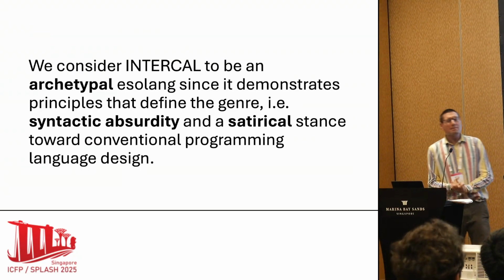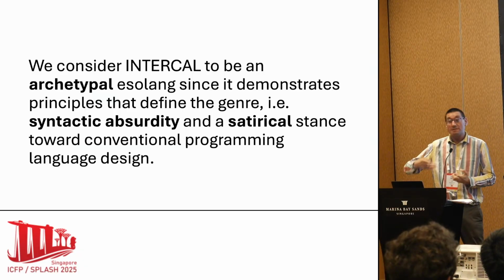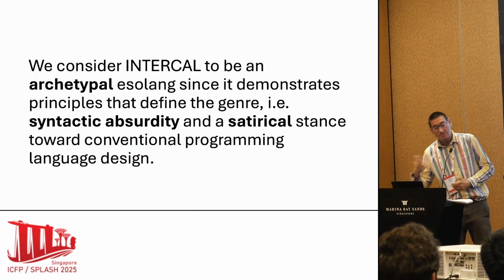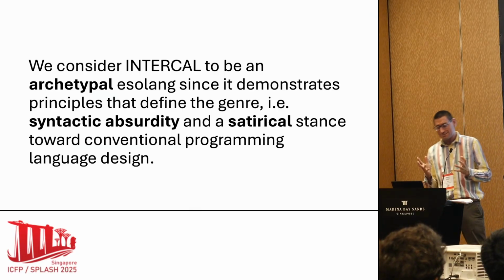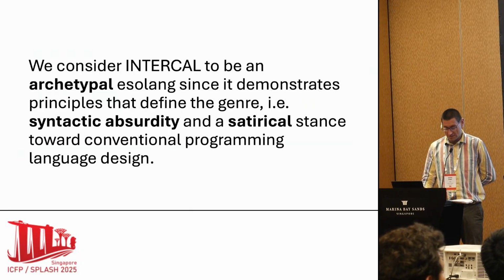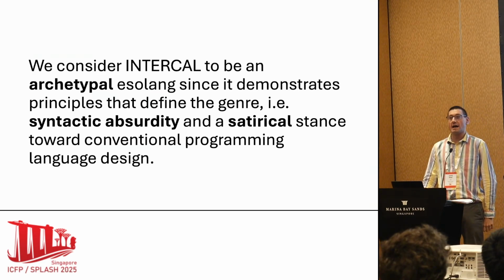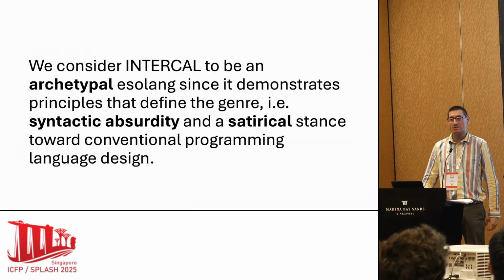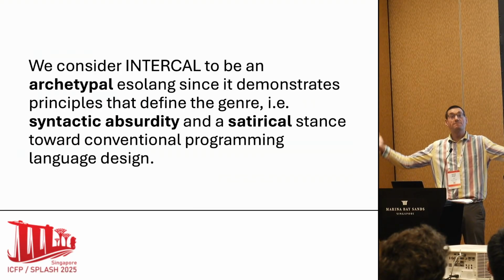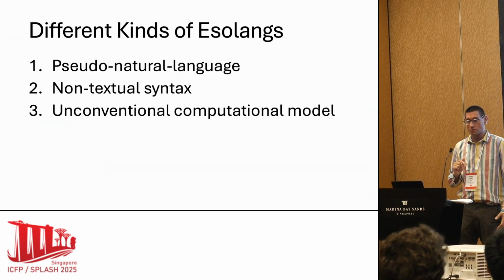So I'm claiming that Intercal is the archetypal esolang because it's kind of defining the genre here with syntactic absurdity and this satirical stance towards conventional programming language design. So what I'm going to do next is somehow categorize the entire field of esolangs into 3 broad groups.